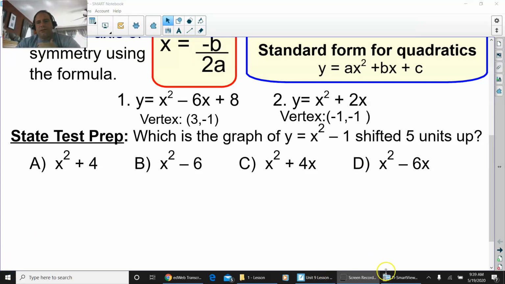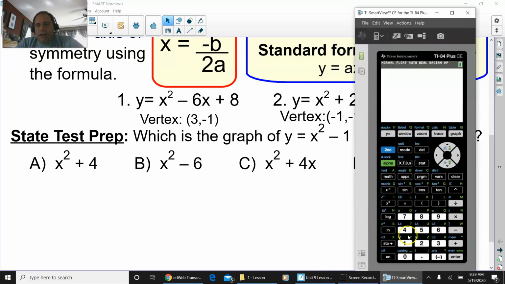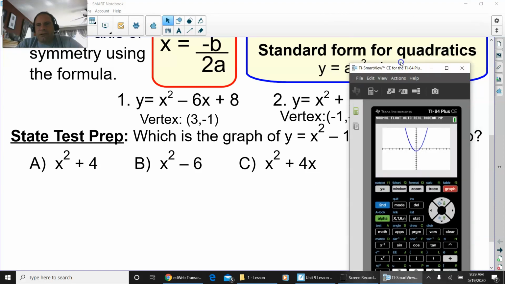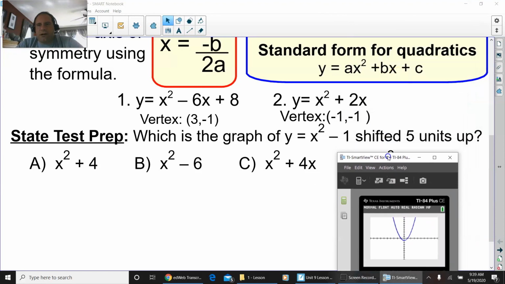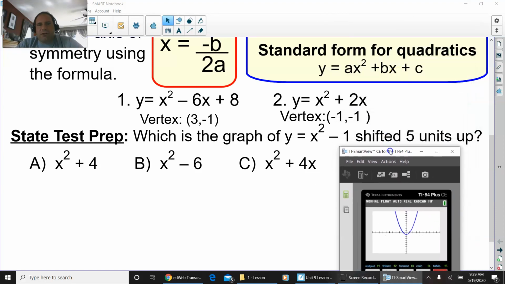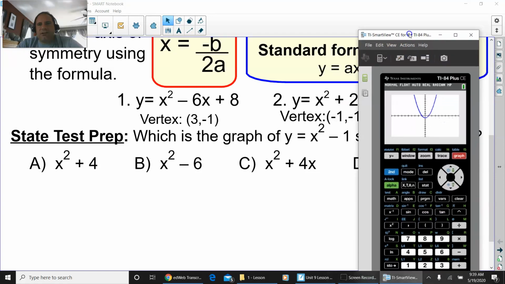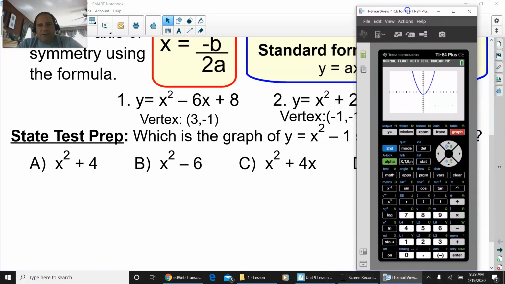So make sure you have your calculator again. And we are going to press y equals and clear out that last question and input x squared minus 1 and press graph. So in this question, it's asking you to see exactly which one of these choices shifts this up 5 units.